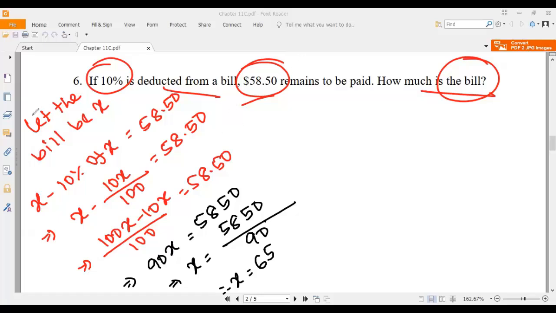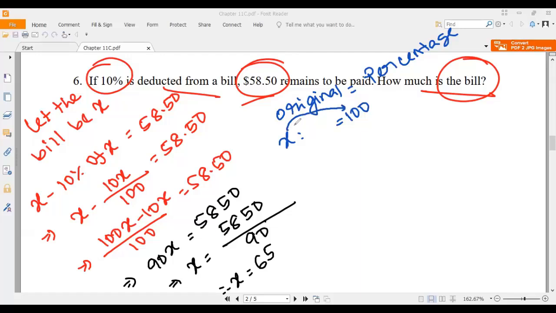Now we can solve it in another way. Here we need two things: original, that means the actual price, and the percentage value, that means compared with 100. So in the original value, the actual price was X. We need to find it out, and X actually represents 100, the percentage.